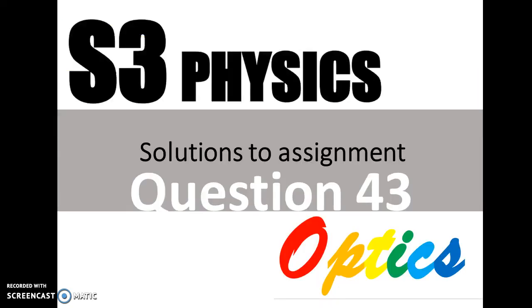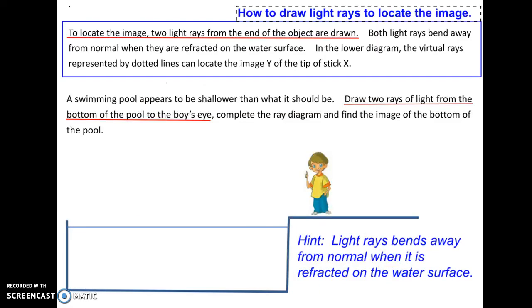Question 43. It's quite a similar question. Now you have to find the image of the floor of this swimming pool. These are two light rays that come from the bottom of the swimming pool. And the two light rays refract on the water surface.